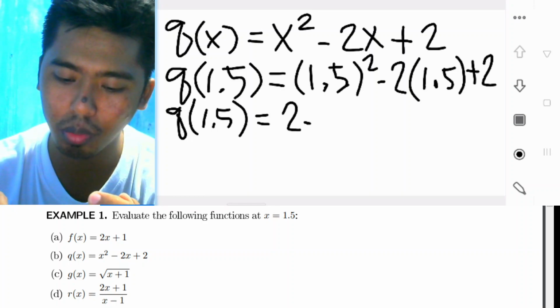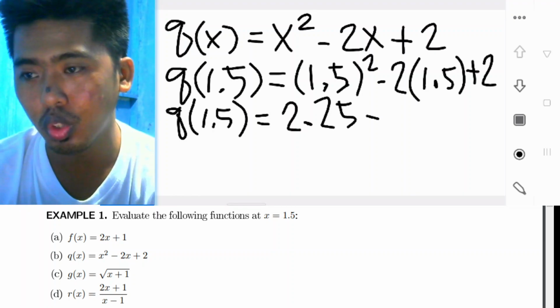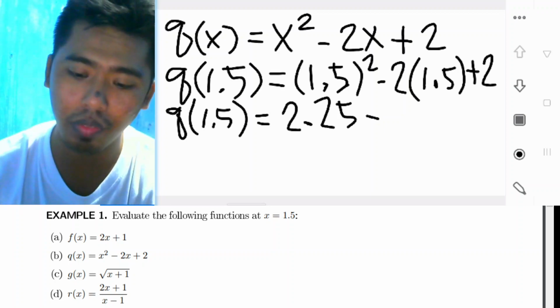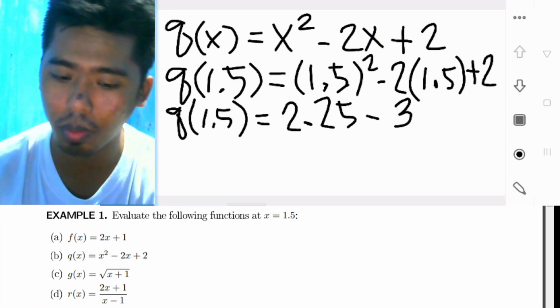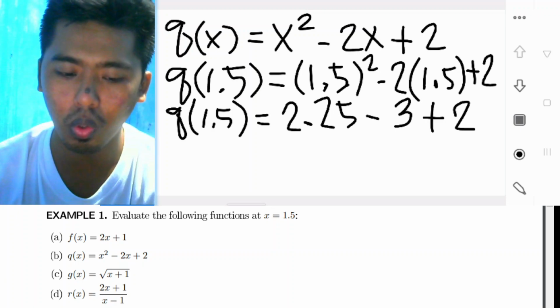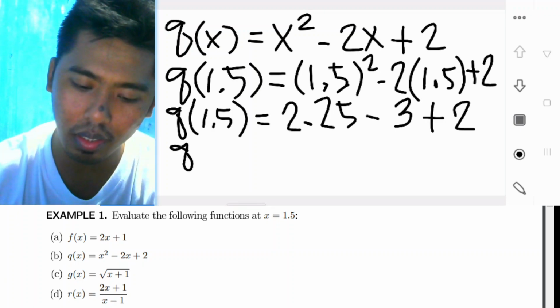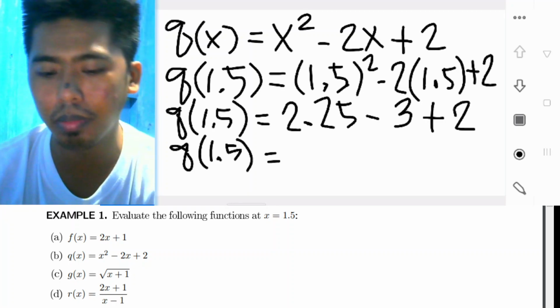Okay, that would become 2.25 minus 2 times 1.5, which is negative 3, because negative 2 times 1.5. Now plus 2. So add the positives and add the negatives.